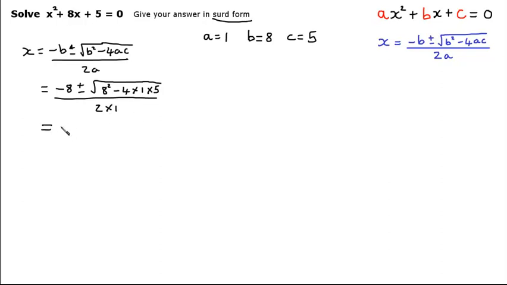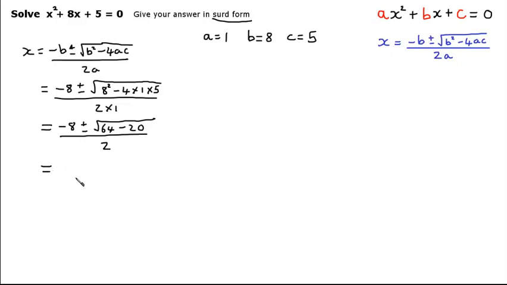Simplify that a bit, we've still got our minus 8 plus or minus. Then we've got square root of 8 squared, which is 64, minus 4 times 1 is minus 4, times 5 is minus 20, and then divided by 2.